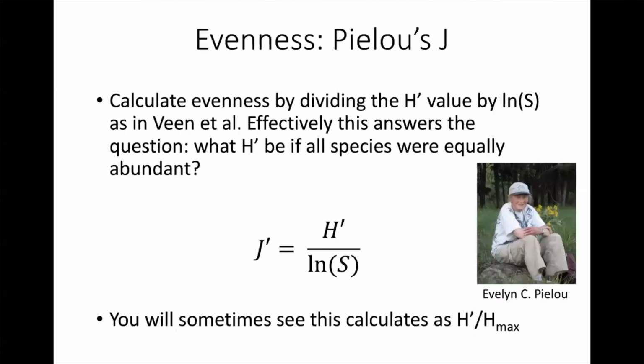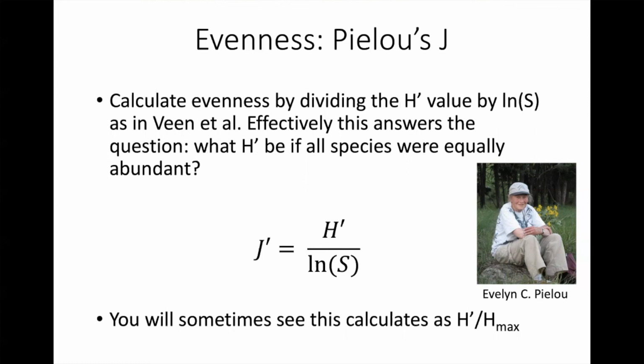Pielou's J is the metric of evenness that they use in Veech et al., named for Evelyn Pielou. And one of the ways you can do that is just by taking Shannon's H and dividing it by the natural log of the number of species in that community, and that gives you this J. Sometimes you'll see people calculate it a different way, where you take Shannon's H and you divide it by what H would be if the community was perfectly even, which depends on how many individuals there are.